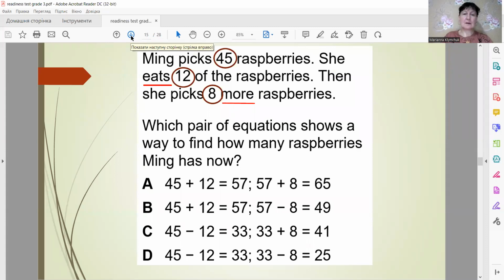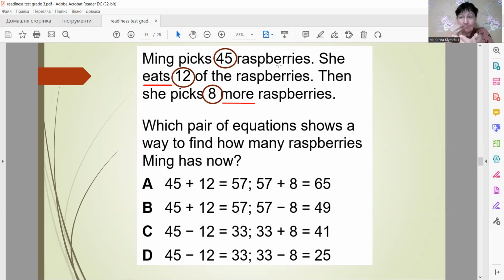Okay, this story also has a lot of text, but don't be afraid of text. Be able to pick up numbers and keywords and then check where you have the same. So Ming picks 45 raspberries. Our number is 45. She eats 12 of the raspberries. If we eat something, it doesn't exist anymore. So it means minus.